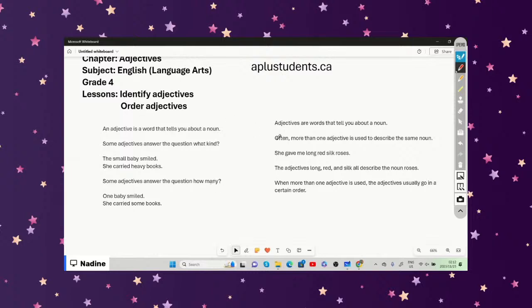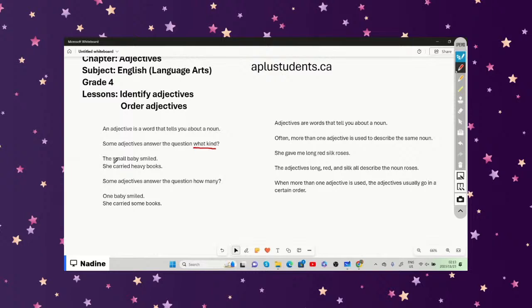So when it comes to answering the question what kind, we can say, the small baby smiled. The small baby smiled. If we want to tell more about the baby, what kind of baby?